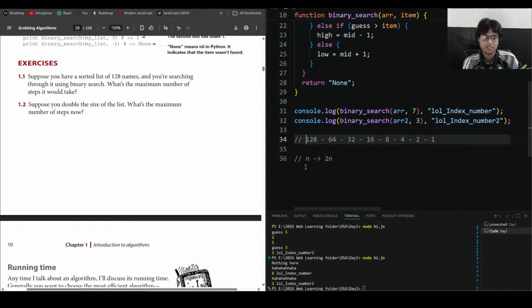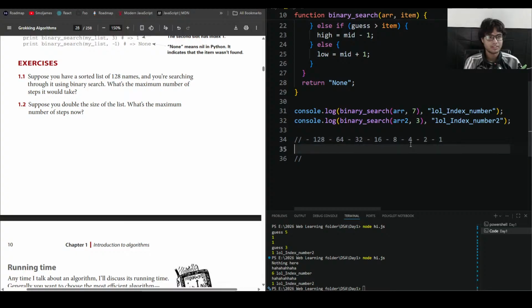If it becomes double of this, okay, it's going to take plus 1. Sorry, this was wrong. So one, two, three, four, five, six, seven, eight steps. Okay, now it's going to take plus 1, 9 steps.